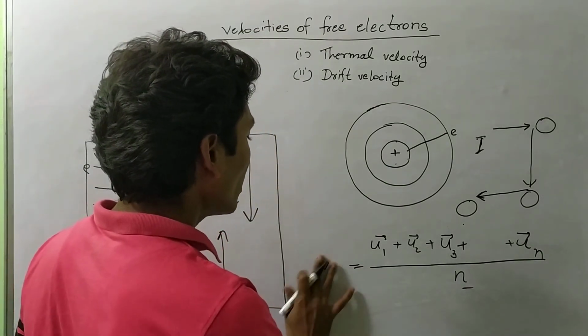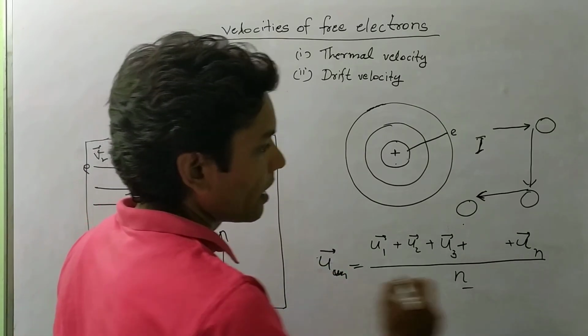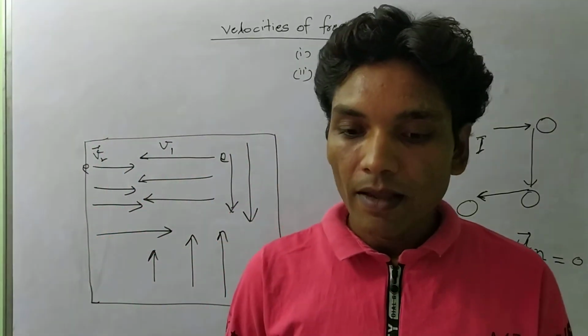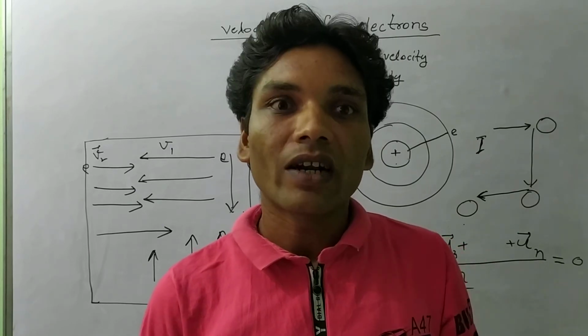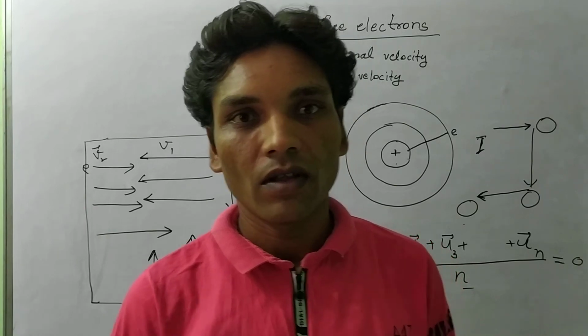It will be equal to v average, and it will be equal to 0. So the average thermal velocity of all the electrons is always 0. Okay, that's all. Understood?